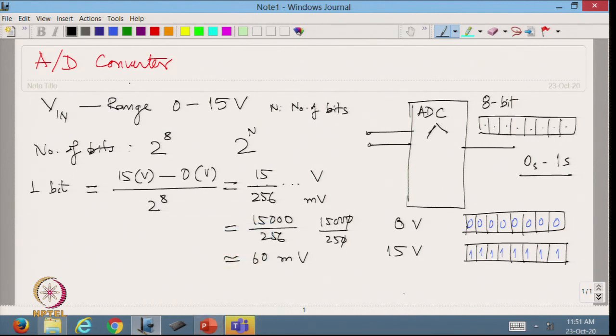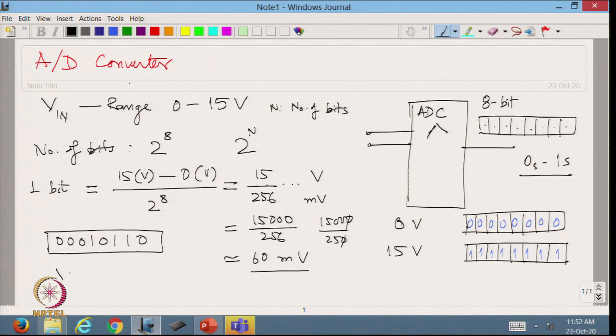So, what it tells us is that if the signal has some value, and we can say that this is 0 0 0 1 0 1 1 0, I am just taking some digital number, you can calculate and see how many volts it corresponds to. And if in the next instant the input signal changes by less than 60 millivolts, the number will not change.